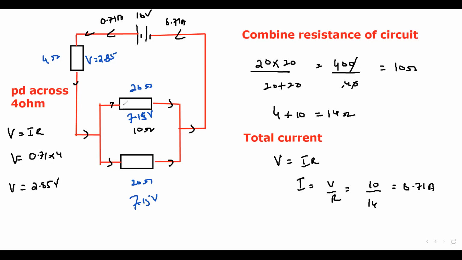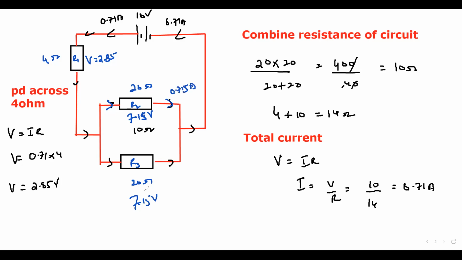To find the current here, say this is R1, this one is R2, and this is R3. If I want the current in R2, current is voltage divided by resistance. The voltage is 7.15 divided by the resistance, 10, which gives 0.715. So 0.715 ampere passes through this.